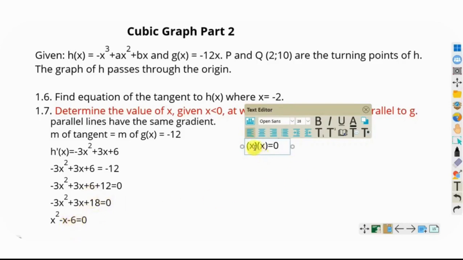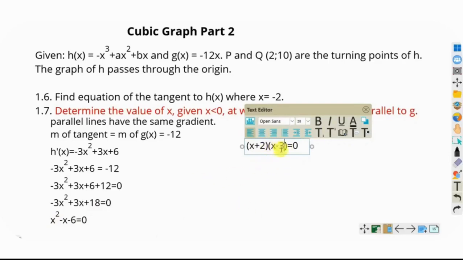The bigger one takes the sign of the middle term, so 3 will take the negative.